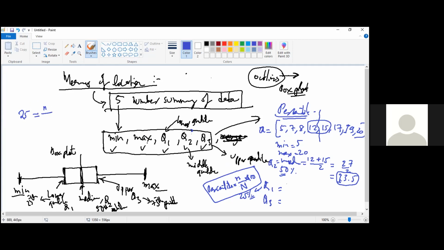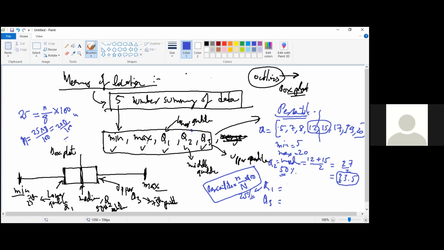But you have the idea of how many total data points you have: 1, 2, 3, 4, 5, 6, 7, 8. From this you will get at least a small n idea. 25 times 8 divided by 100. How much is this?